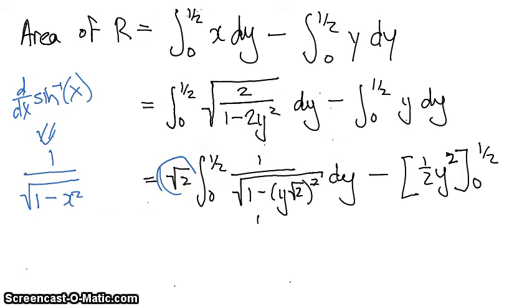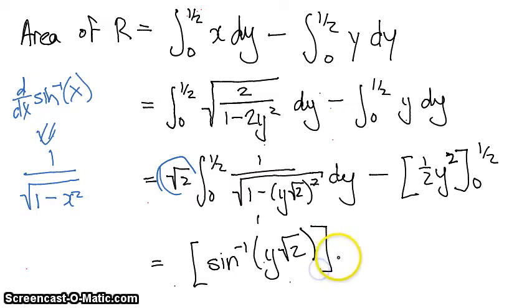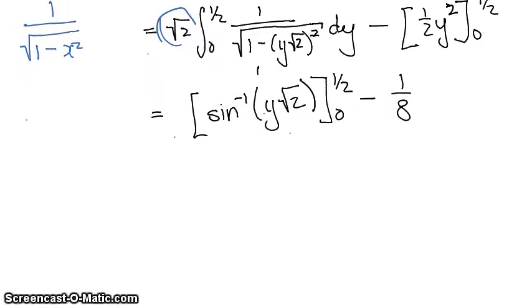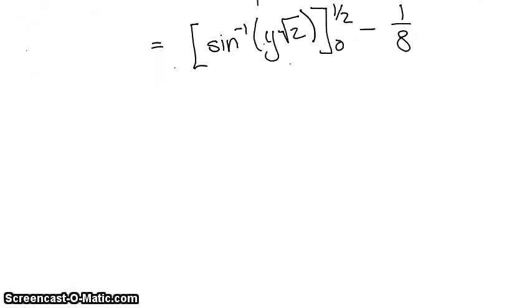So actually, what have we got? This one, if I integrate it, I just get straight away sine inverse of y root 2 between 0 and a half minus, and then if I evaluate this one, I get 1 over 8. So that makes this a lot easier.